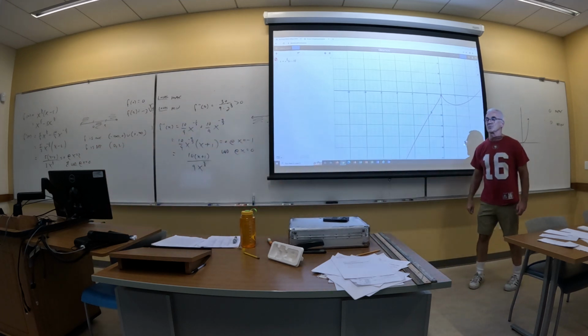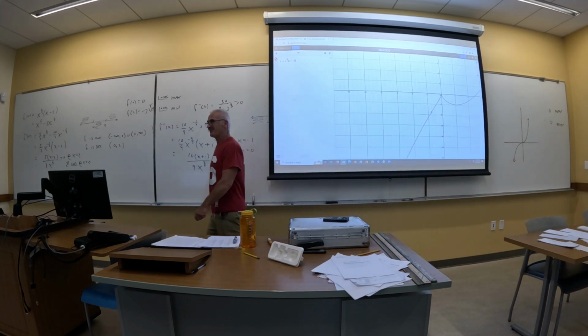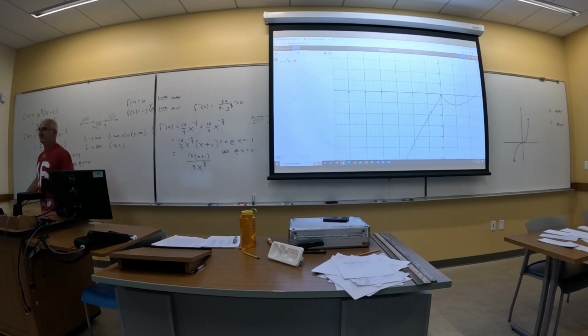Can I use the second derivative test on the other critical value? Can I use it on 0? No, because it's not defined at 0. So the second derivative test in this case didn't work for both of them because it wasn't defined at 0. The first derivative test told us that something was happening at 0, right? Because I changed direction.